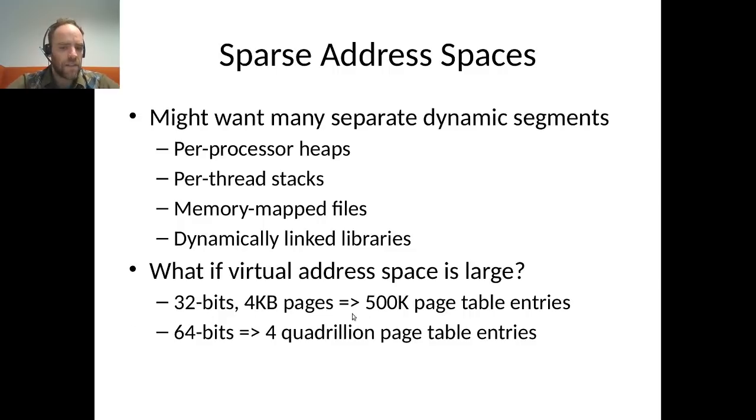In 32 bits, for example, the page table entries would be around 500,000. So the performance of paged translation is actually quite dependent on the size of the virtual address space. The larger the virtual address space and the smaller the page size, the more page table entries we need.